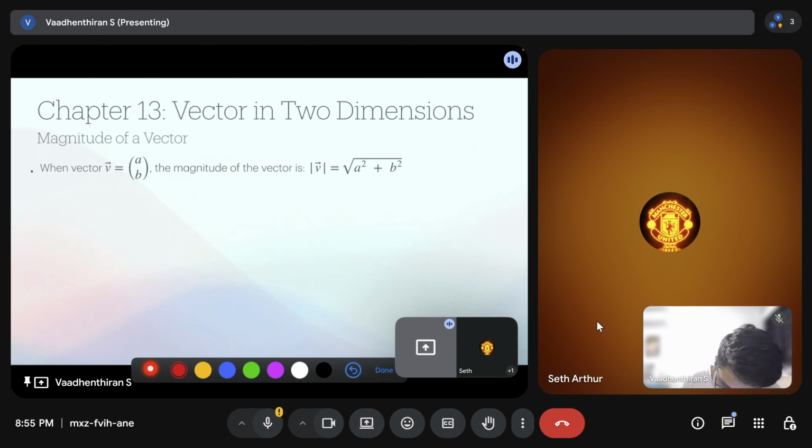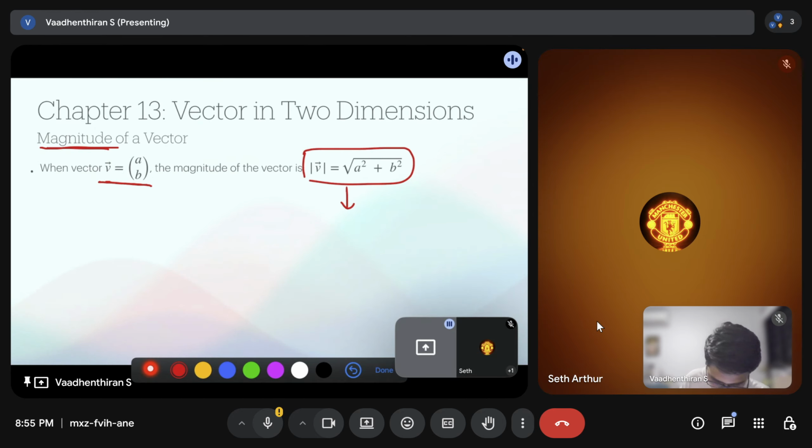So now the magnitude of the vector, we just saw this. For any vector (a, b), the magnitude is calculated by this formula. It's basically the Pythagoras theorem. So when there are 2 points, and this is a comma b, you use this formula to find the magnitude.